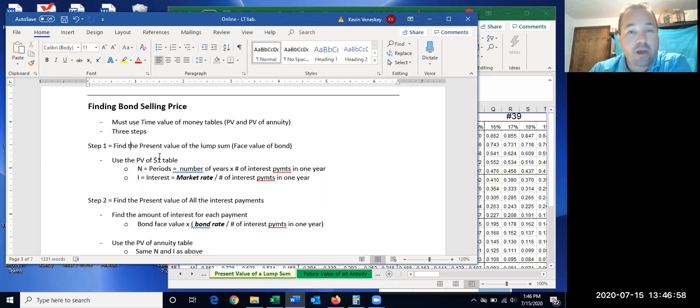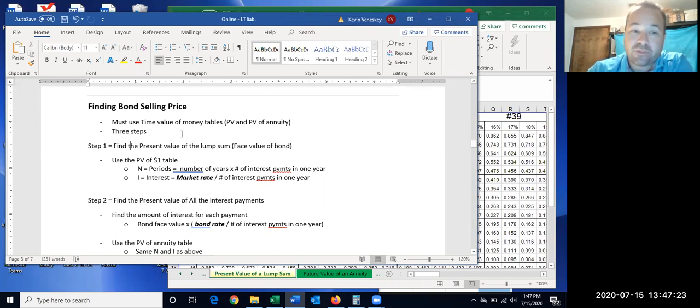If I give them $100 of interest at the end of this period and another 100 after that, all the way for 10 times, those hundreds aren't the same value, because $100 3 years from now is not the same as getting 100 today, because you can earn interest with that. And that's what the time value of money tables are going to be used for.